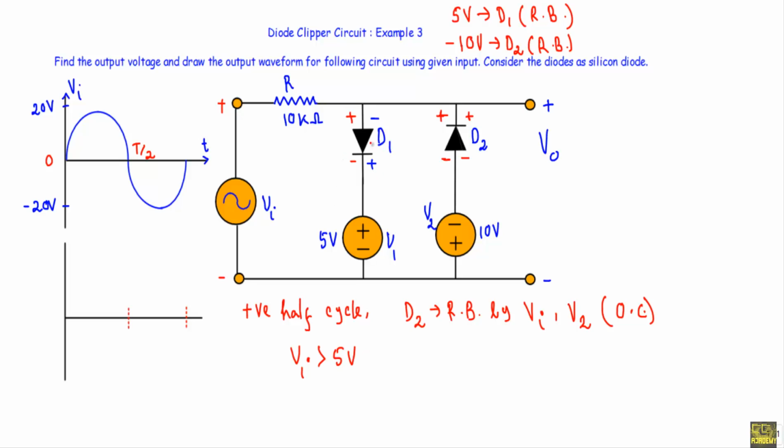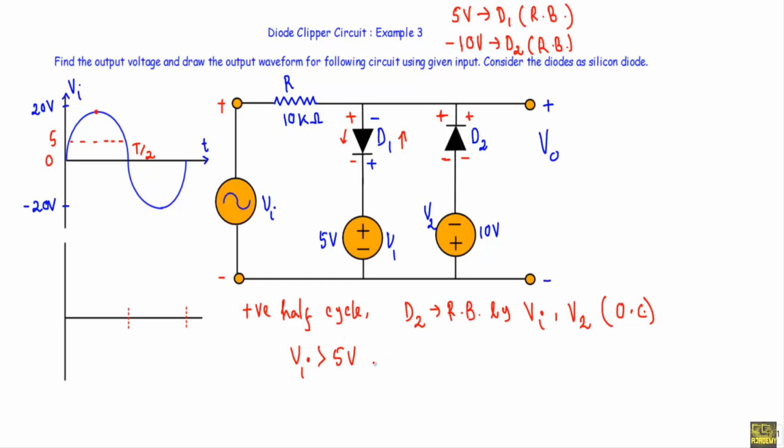In that case, you will see when Vi will be greater than 5 volt. Let me indicate 5 volt here. This is our maximum voltage 20 volt. If I indicate 5 volt, let's say this is our 5 volt. When Vi will be greater than 5 volt, the effect in this direction will be greater than the effect in this direction.